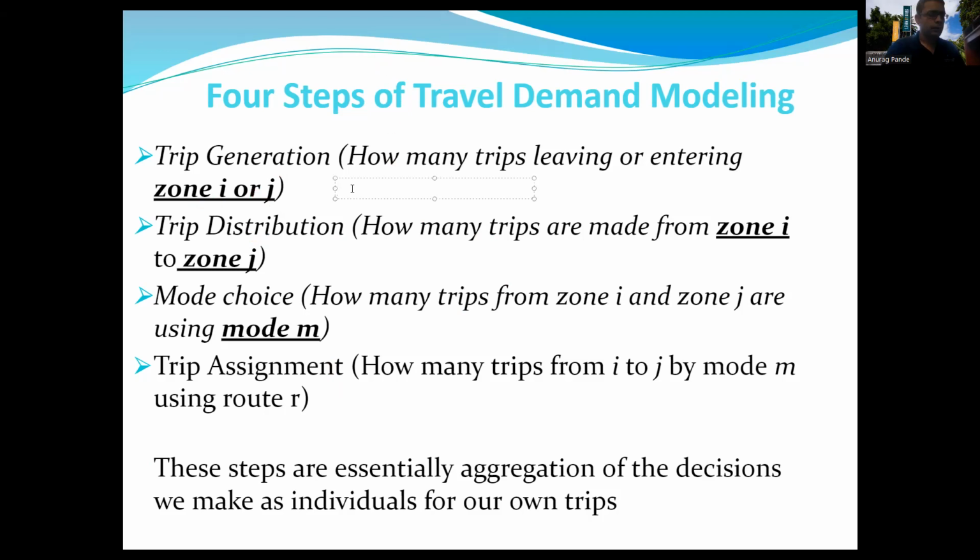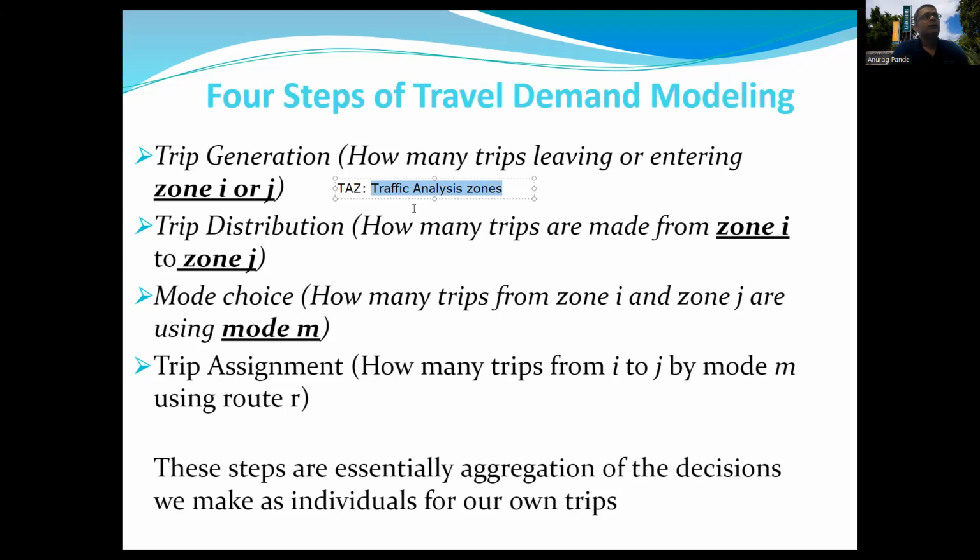So when I say zone, the term that I use is TAZ, and those are your traffic analysis zones. And we divide the area into those, and then those sometimes would be coinciding with the census boundaries. And that is very helpful because then we can use the census data directly, or there might be some other zoning patterns we might use if data is available for those, but typically those will be your census zones.